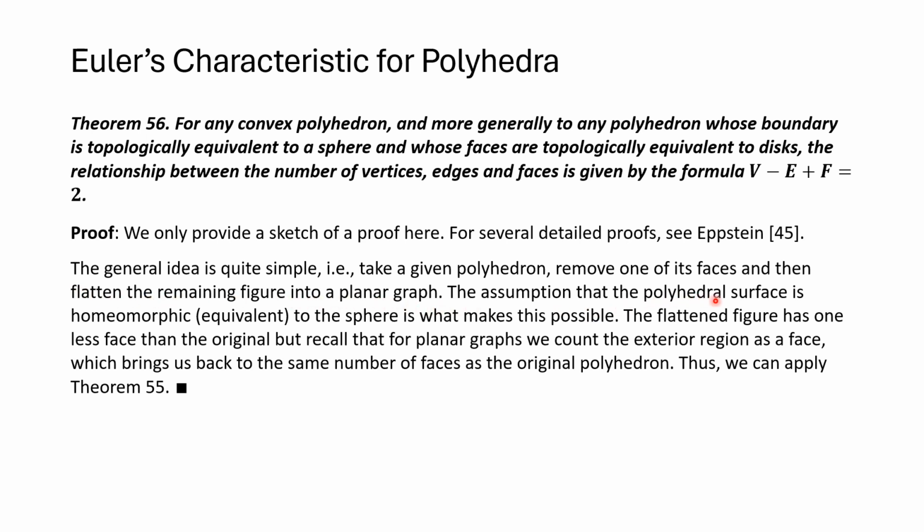The assumption that the polyhedral surface is homeomorphic to the sphere is what makes this possible. Remember, I stated that's part of the theorem. The flattened figure has one less face than the original, but recall for planar graphs we count the exterior region as a face, which brings us back to the same number of faces as the original polyhedron, and thus we can apply the theorem that we just proved.